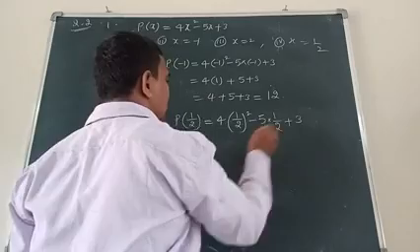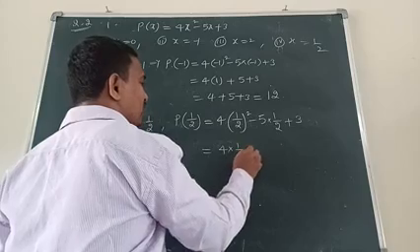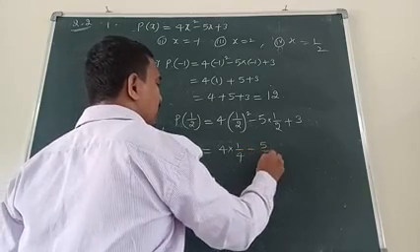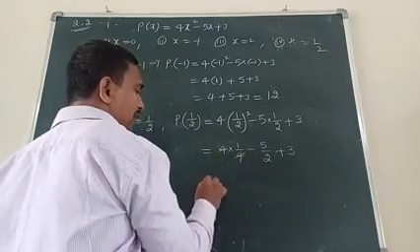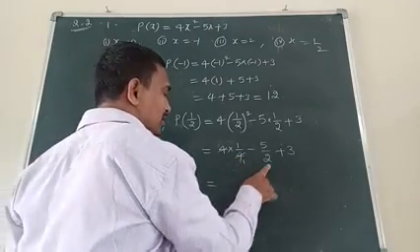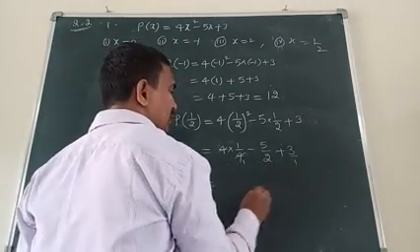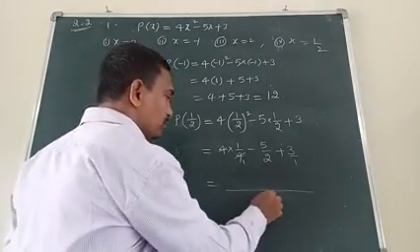Plus 3. 4 into 1 by 2 whole square is 1 by 4. Minus 5 by 2. Plus 3. Here 4 and 4 get cancelled. What is the LCM? Here numerator 1, denominator 1, here 2. LCM is 2.